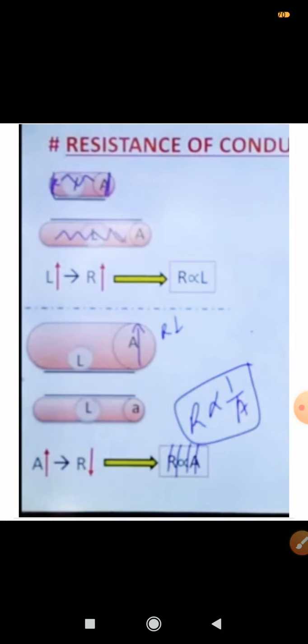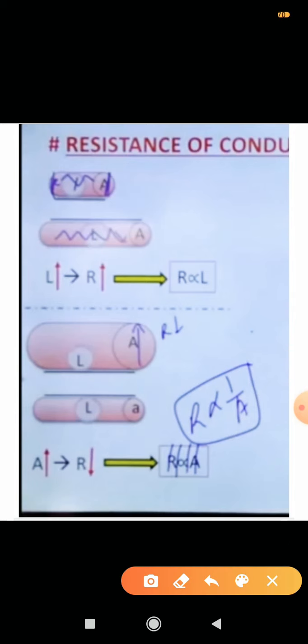Now, the resistance of a conductor depends on how the resistance increases or decreases. It is like traffic. First, if the wire length is big, the resistance is also big. If the wire length is small, the resistance is also small.